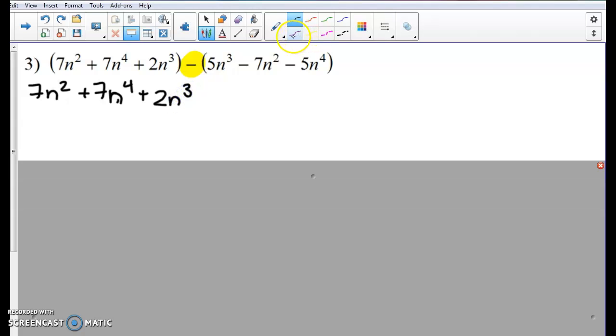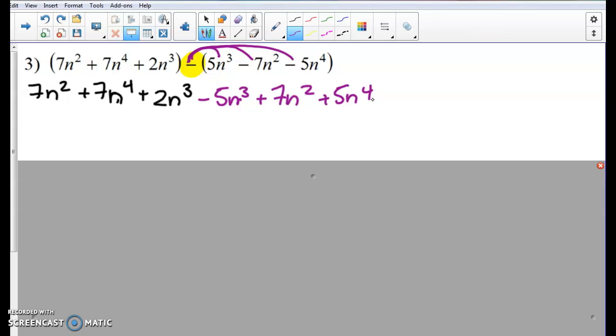And now we're going to distribute that negative symbol. So we'll make my 5n cubed a negative 5n cubed. My negative and a negative 7n squared makes it a positive 7n squared. A negative and a negative 5n to the 4th makes that a positive 5n to the 4th.